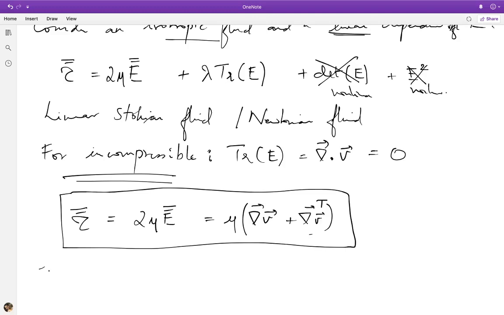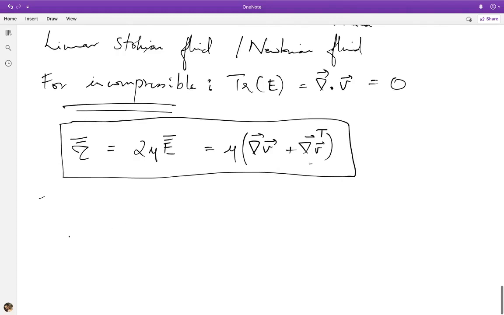Now, to get some more insight into this tensorial relation, we can consider it in the one-dimensional case, the 1D case of what's known as a linear strain rate or a linear shearing.